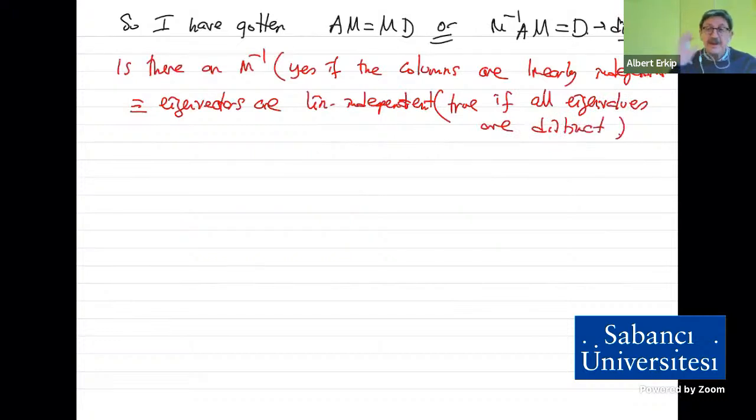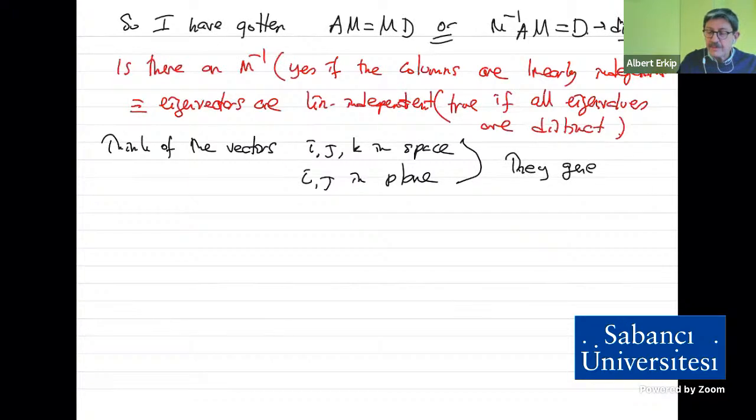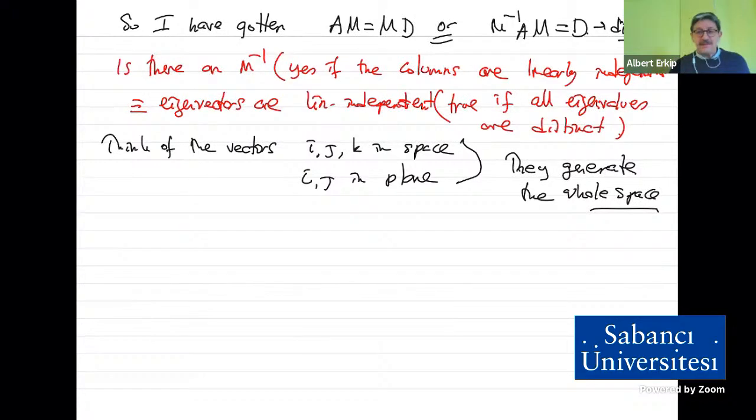Now again, if you are not very good with linear algebra, think of the vectors i, j, k in space, or i, j in the plane. Linearly independent means they generate the whole space. But this is a theorem in linear algebra, and as I said, in reasonable cases, these eigenvalues are all distinct.